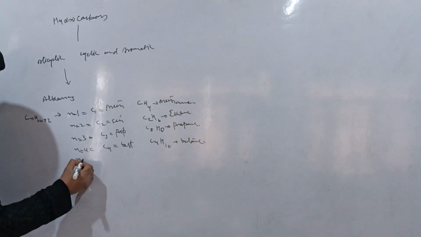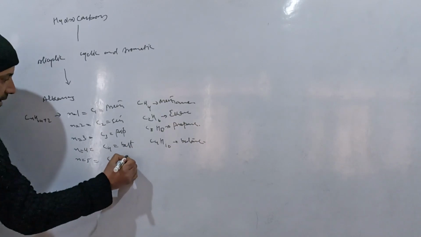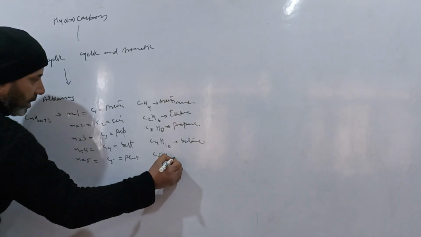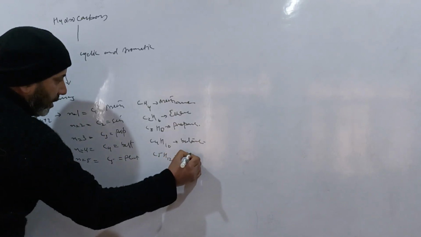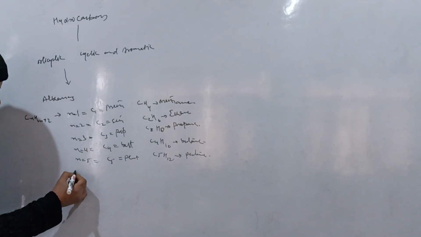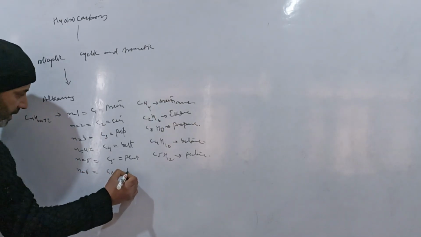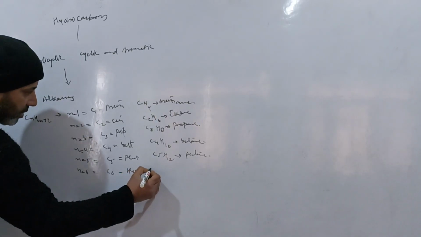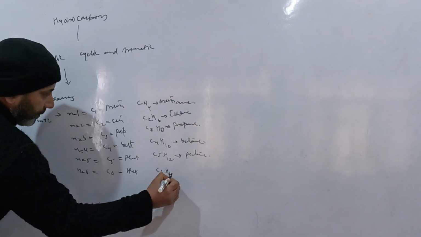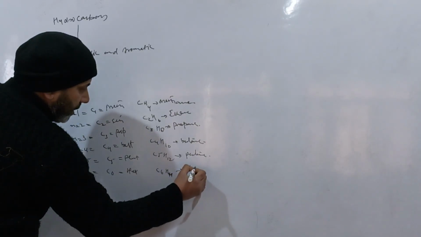Similarly, n is equal to 5 means C5, that means pent, C5H12, and this becomes pentane. In the similar manner, n is equal to 6 means C6, hex, C6H14, that is hexane.